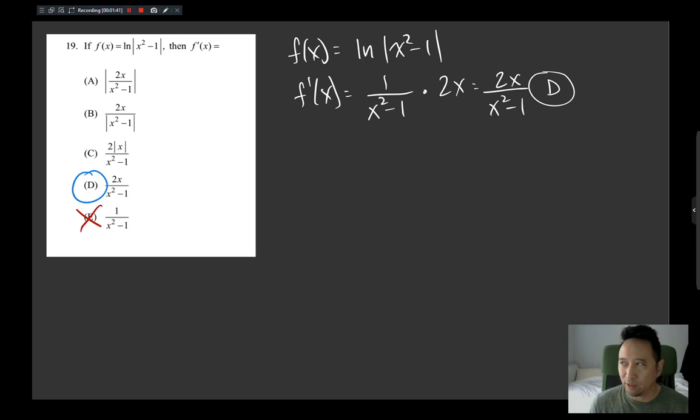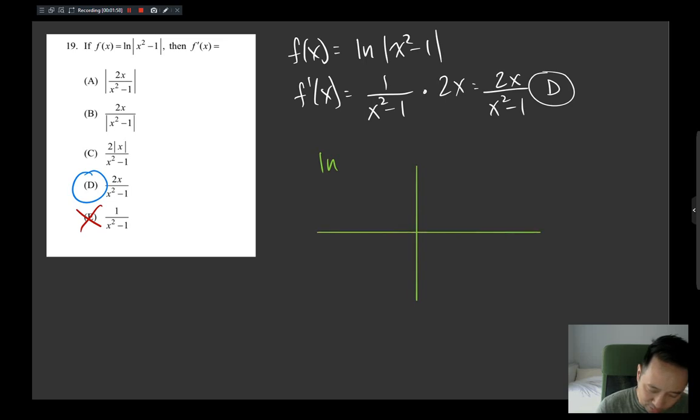And if you think about the graph of this, and it is a bit challenging, let's start off with just a natural log graph. I have something like this. The parent graph of a natural log, a logarithmic function, is just a curve.